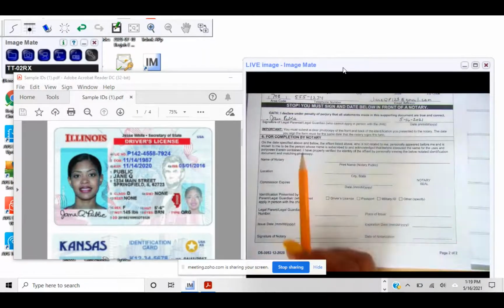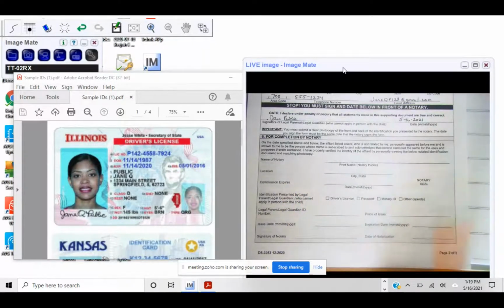Now, if the verbiage wasn't correct, it would be okay to attach your own certificate and cross out what's here and then do the certificate. Yes.